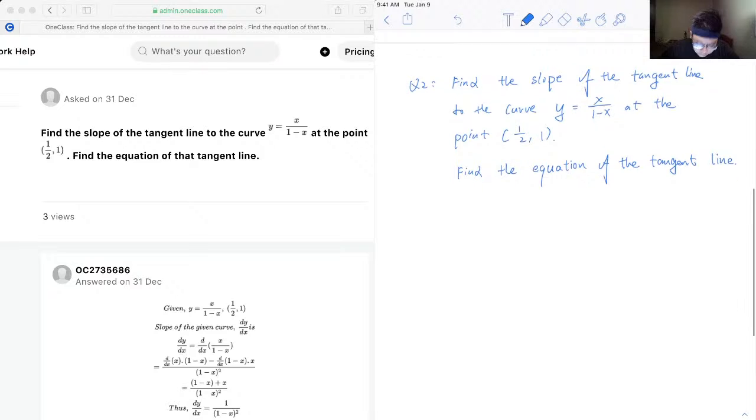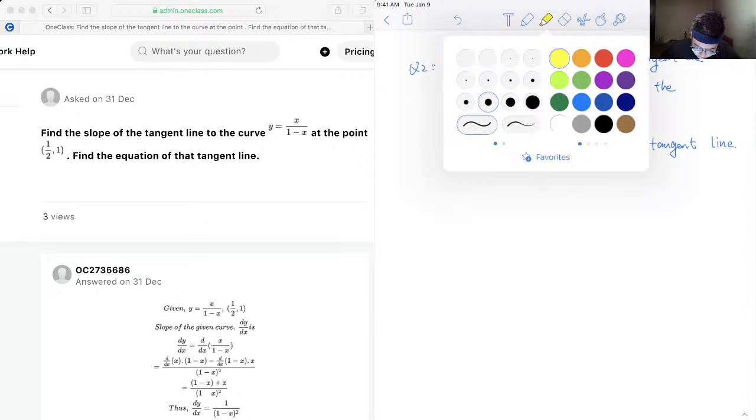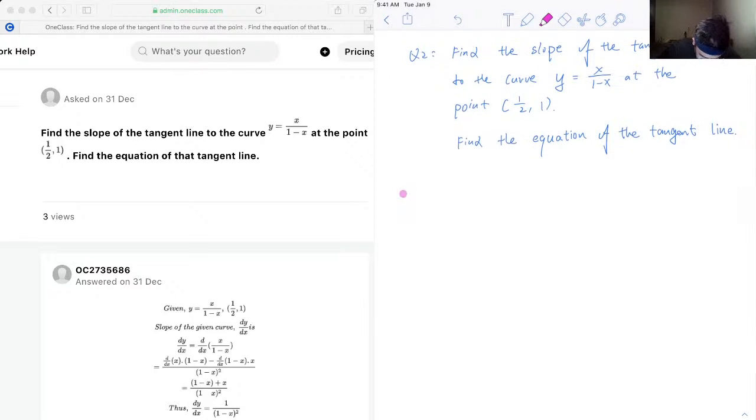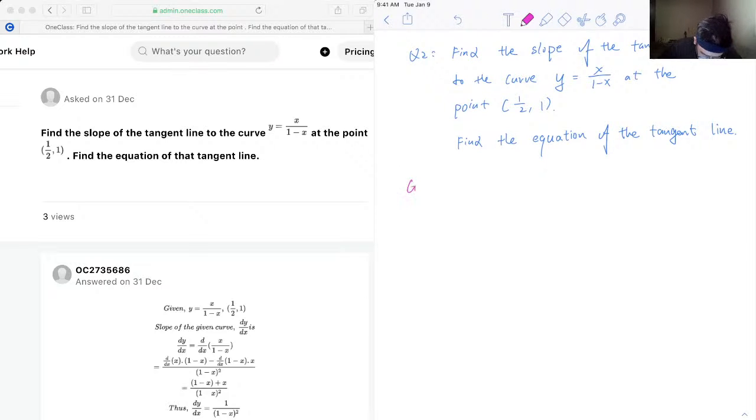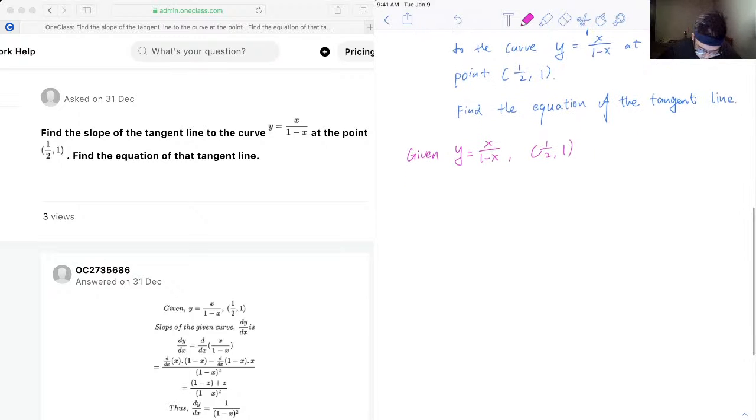Given the curve and the point, the slope dy dx should be equal to d dx of x over 1 minus x.